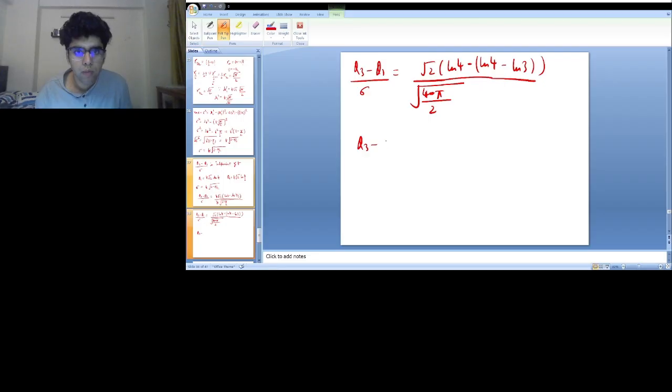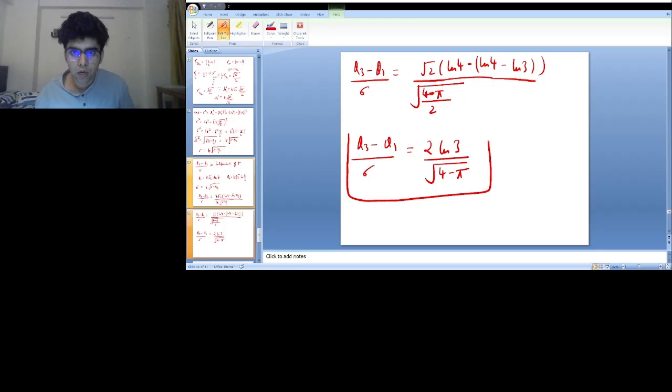So my (Q3 minus Q1) by sigma is root 2, and this root 2 goes above, so I'll get 2 here, and ln 4 and ln 4 go away, so I'll be left with 2 ln 3 by root 4 minus pi. I need to check if my answer is right.